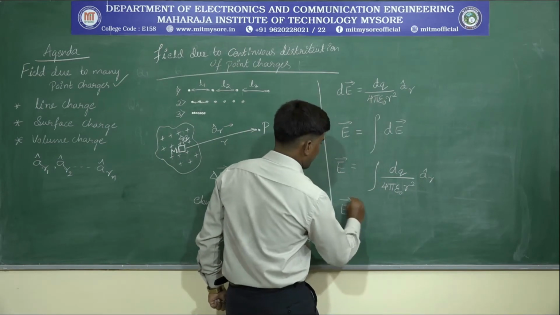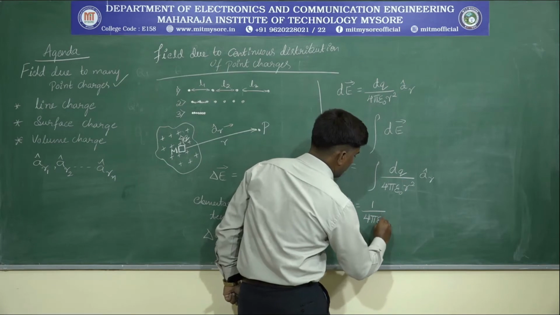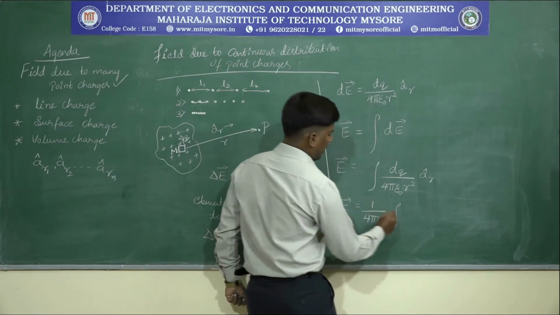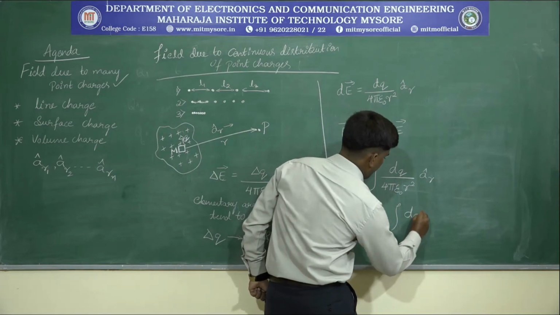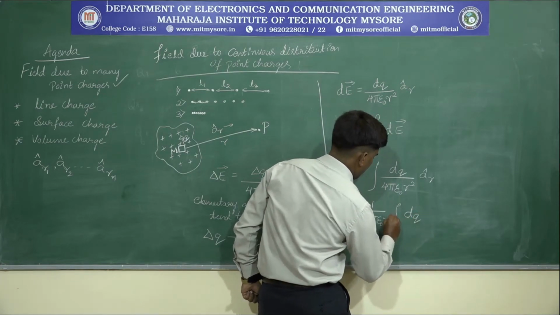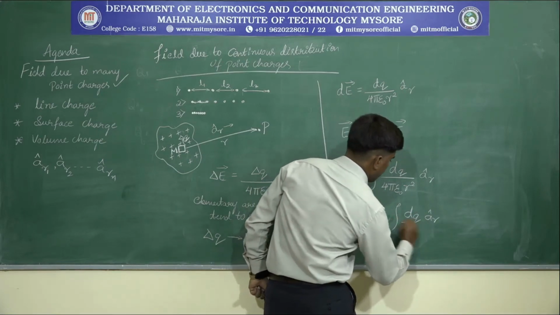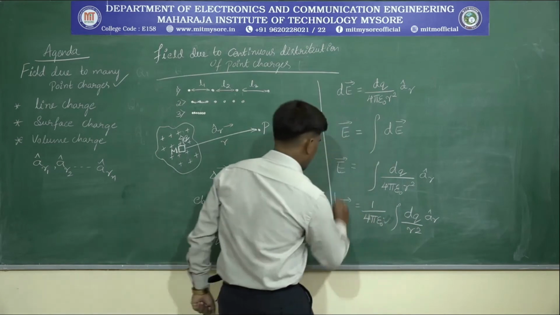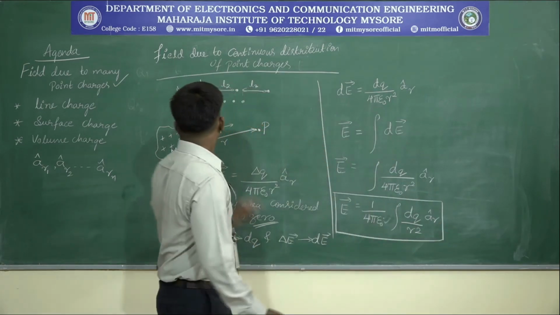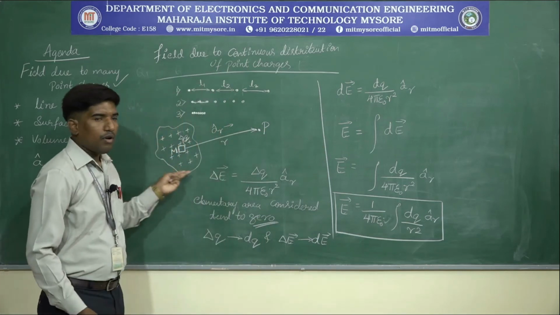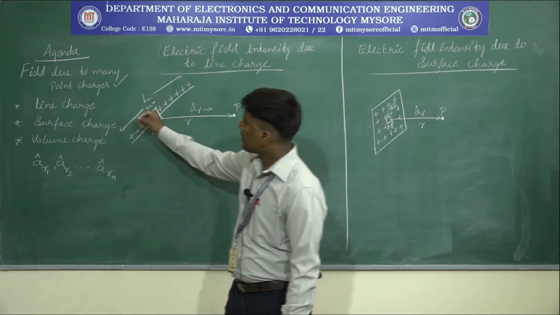Since 1 by 4 pi epsilon naught is constant, we can take it outside, then this can be written as 1 by 4 pi epsilon naught integral of dQ by r square into a cap r. This is the equation which gives the electric field intensity due to an infinite number of point charges. Understood?